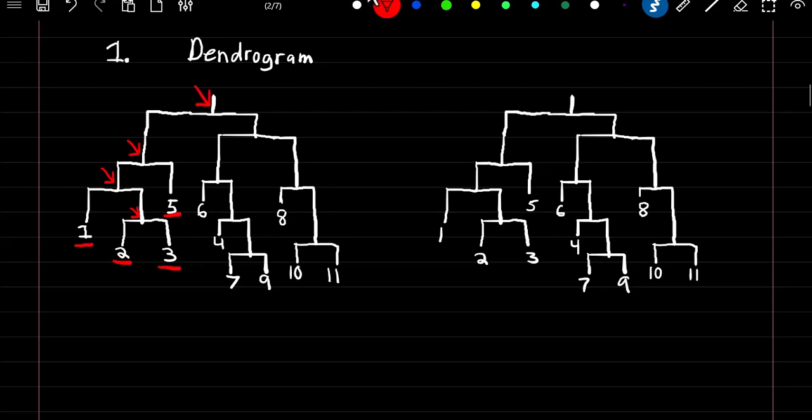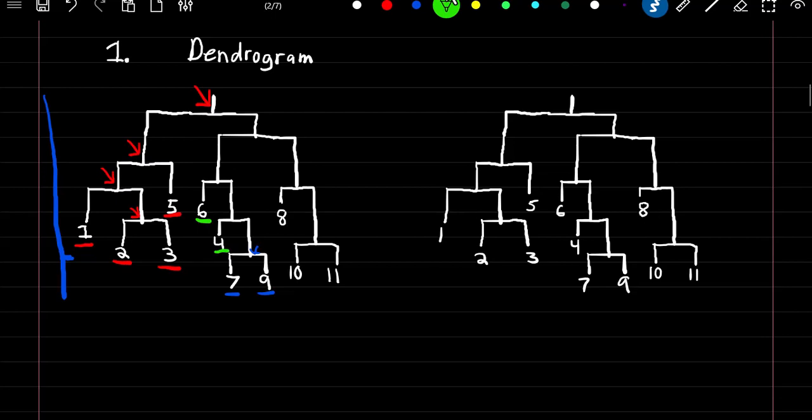Now, looking at this dendrogram, we can see that observation 7 and observation 9 are the most similar of any observations. This is because they fuse first, at the lowest point on the y-axis. As we work our way up this dendrogram, we can see next they're going to fuse with observation 4, and then with observation 6.